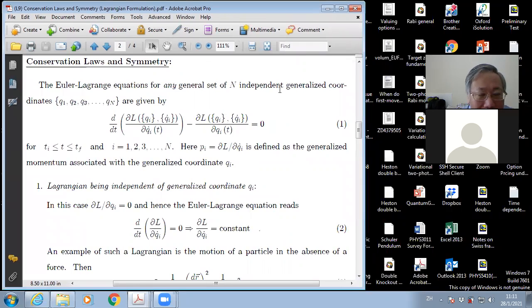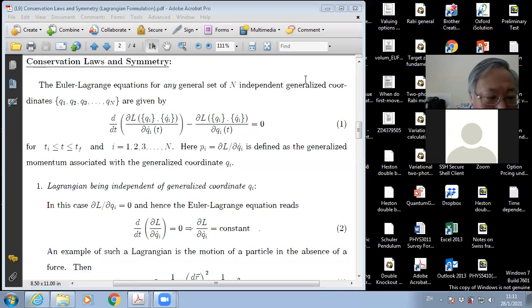Here I skip all the steps about deriving the Lagrangian, expressing the Lagrangian, and spotting the generalized coordinates. Somehow you can all do it.